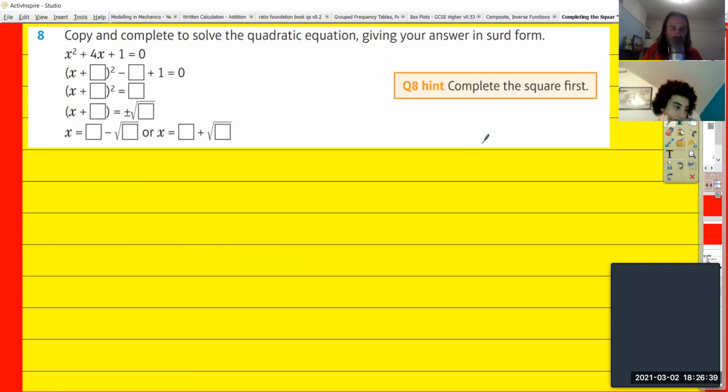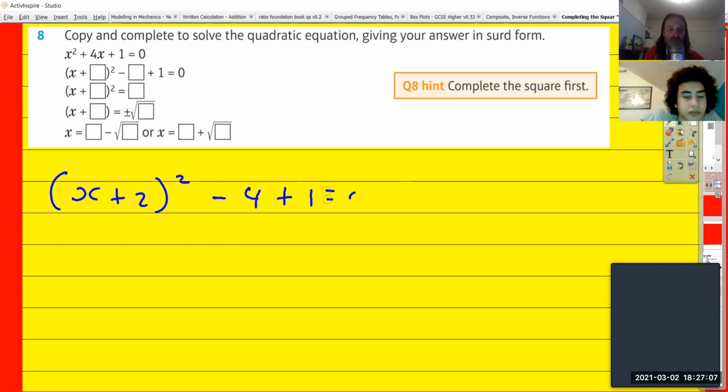Okay, let's try this one. So complete the square. It's equal to 0. Use that to solve it. X plus 2 squared minus 4 plus 1 equals 0. X plus 2 squared equals 3.